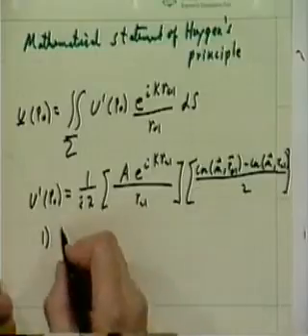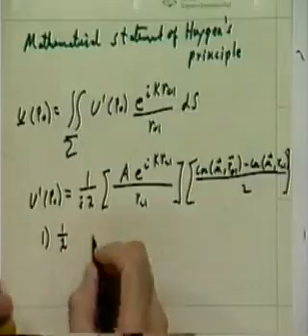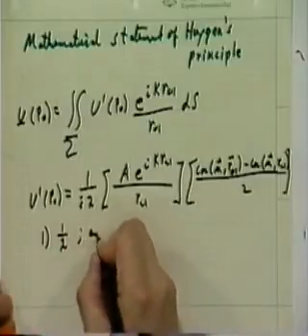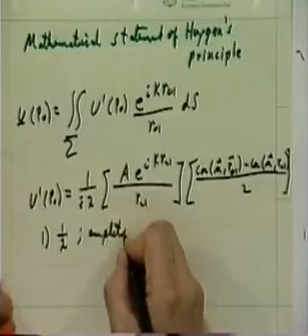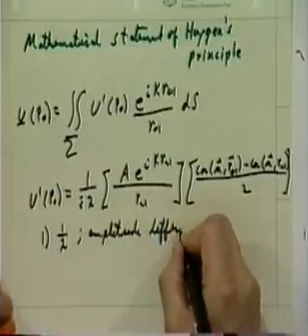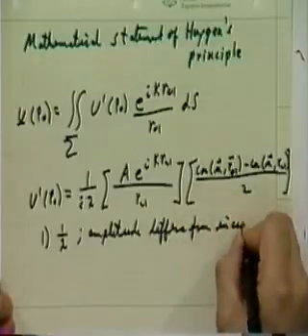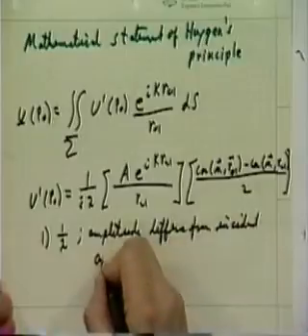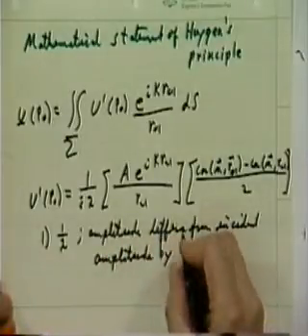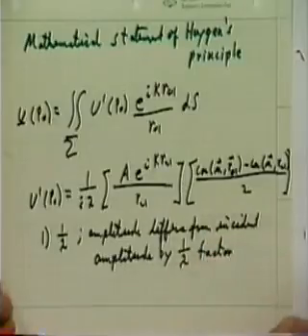We have a 1 over lambda factor. So the amplitude differs from the incident amplitude by a 1 over lambda factor. Okay, so that's one difference.